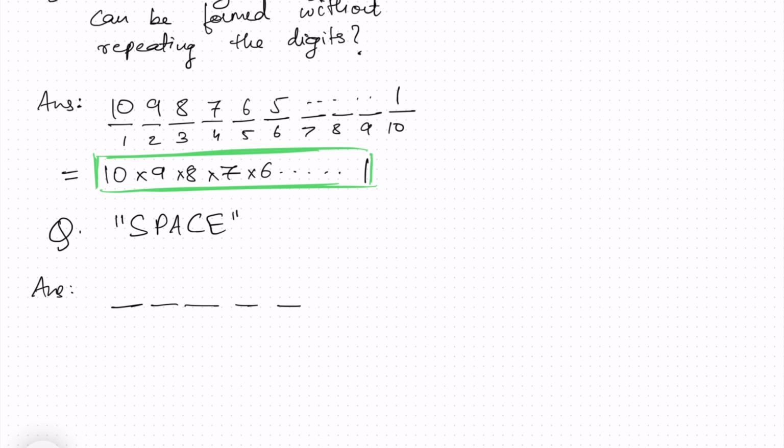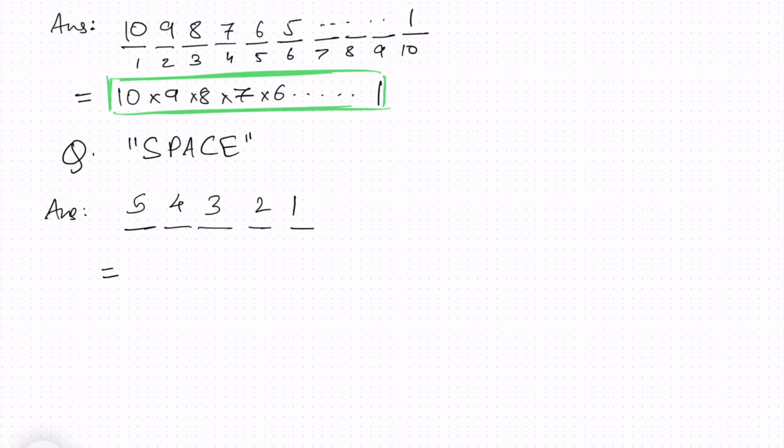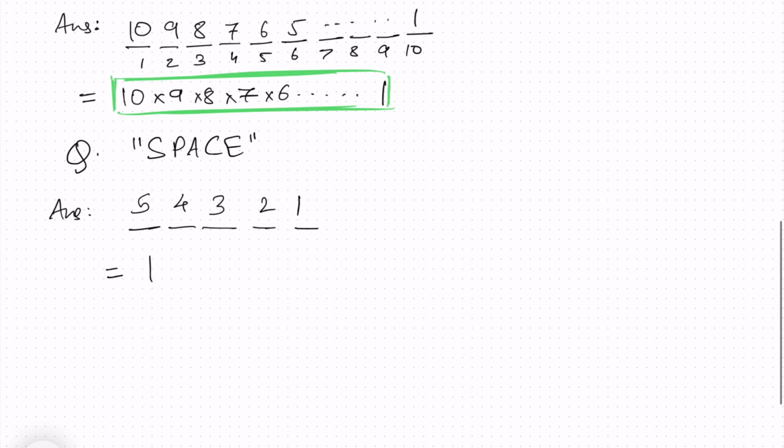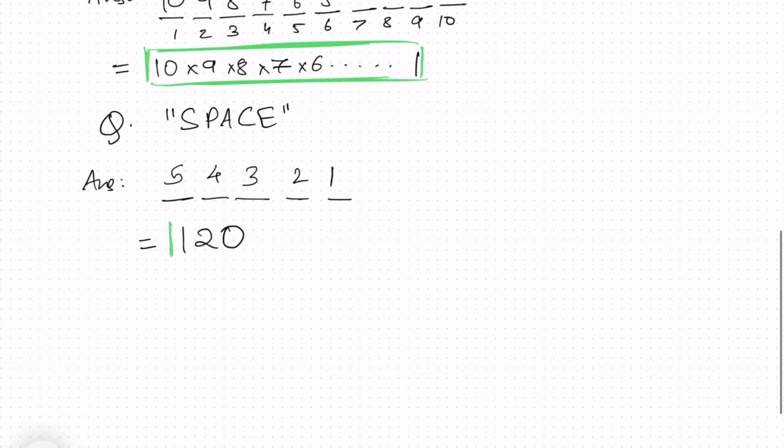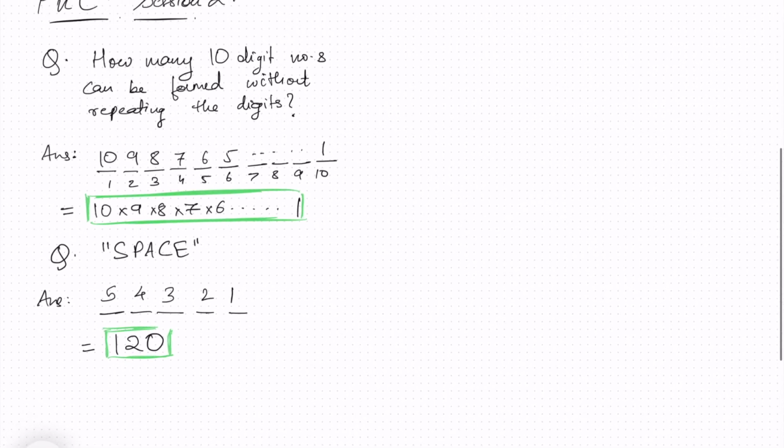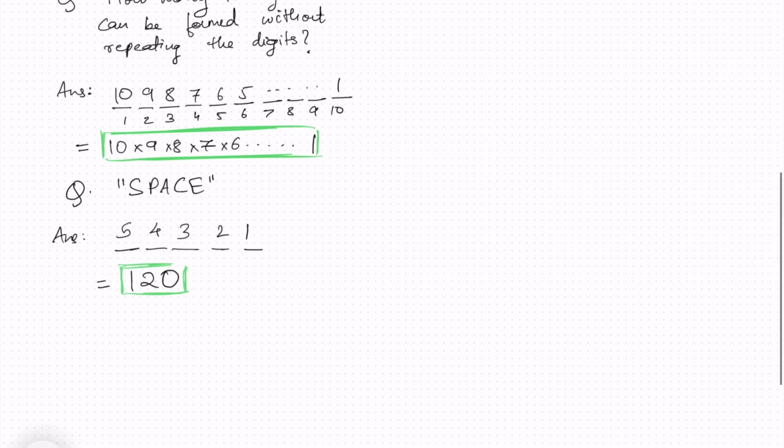The first place, I can fill in 5 ways, any of these letters. The second in 4, 3, 2, 1. So again, using the multiplication principle, the total number of ways to arrange is 5 into 4 into 3 into 2 into 1, which is 120. So this is one example.